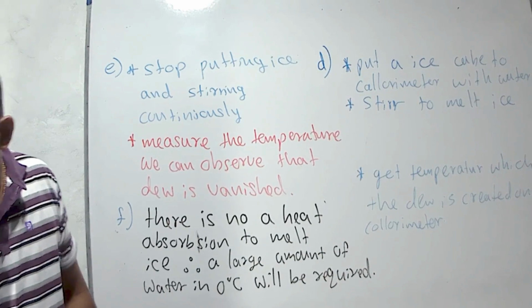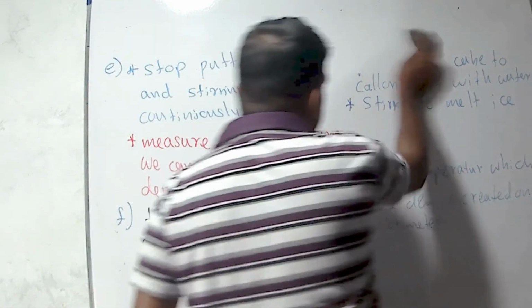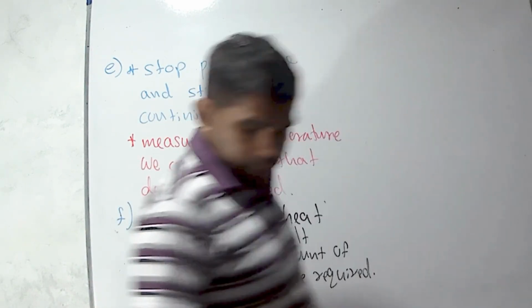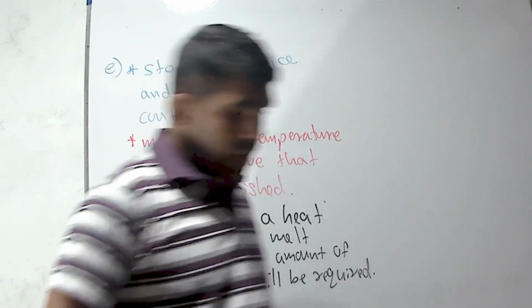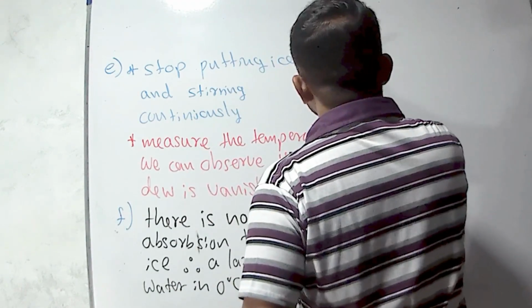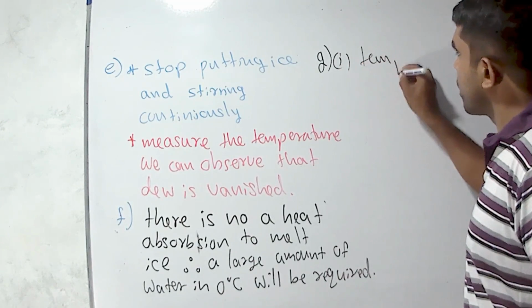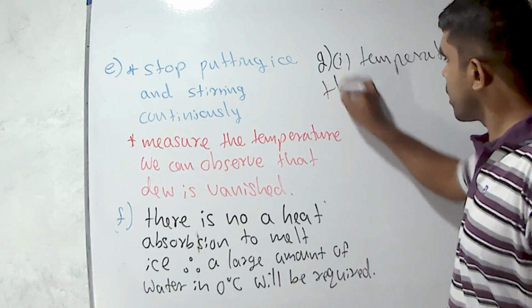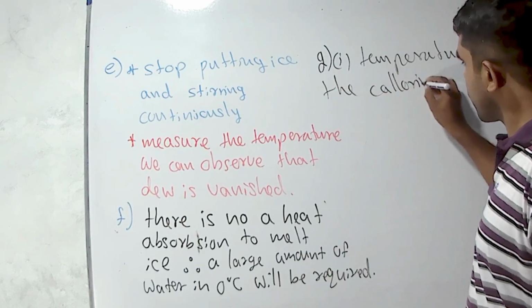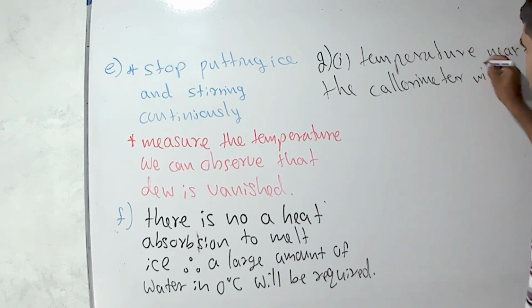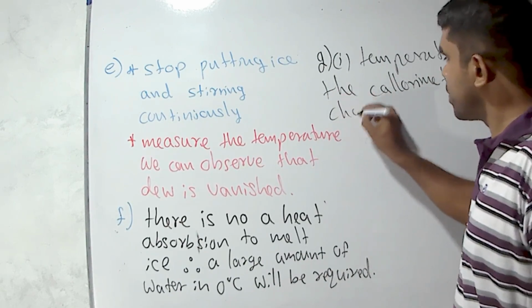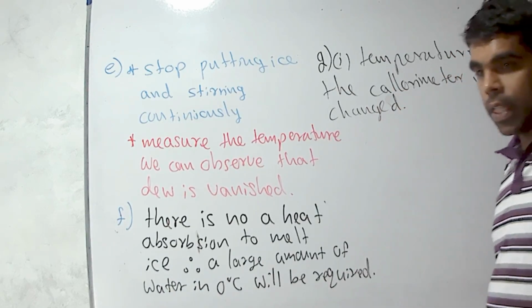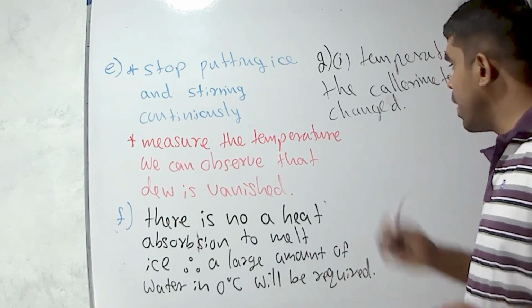Then we can write: first one, the temperature near the calorimeter will be changed. Then second one, water vapor.